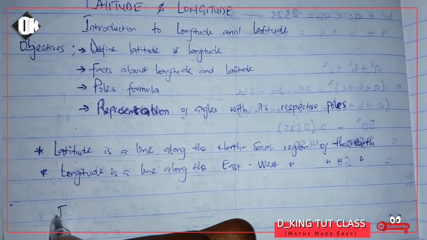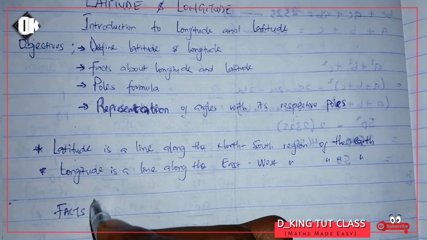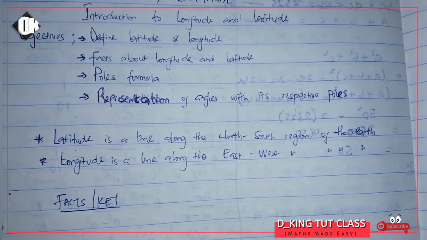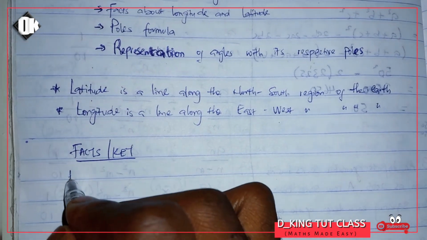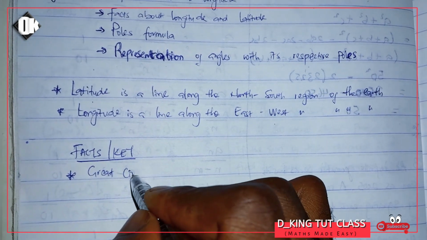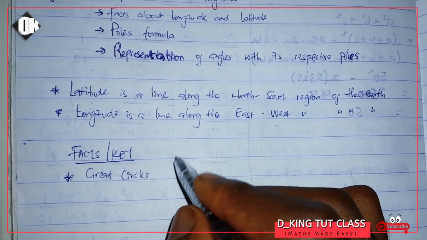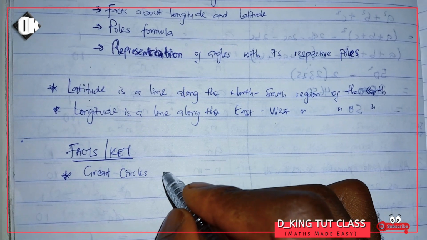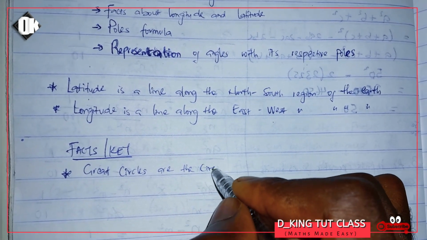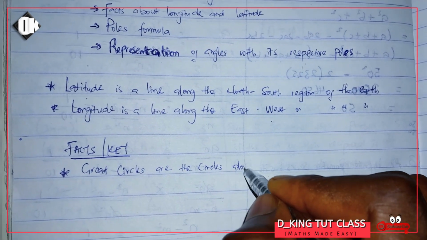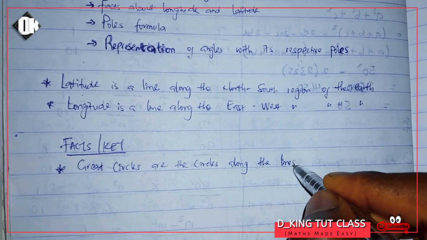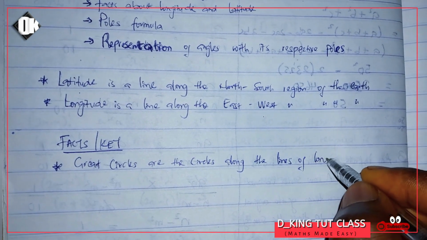Now, for facts or key things you need to know about latitude and longitude, we have what we call great circles, we have what we call small circles. Now, great circles are the circles along the lines of longitude.